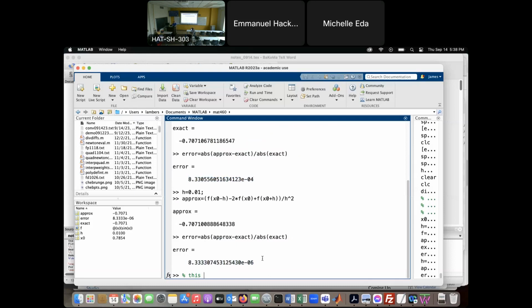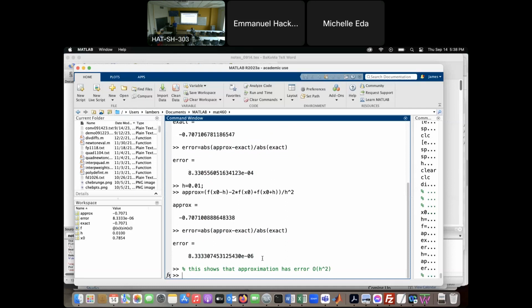So this shows numerically, if not proved by MATLAB, that the approximation has an error that is big O of h squared. So the error is proportional to h squared. In other words, another way of describing it in words is second order accurate.